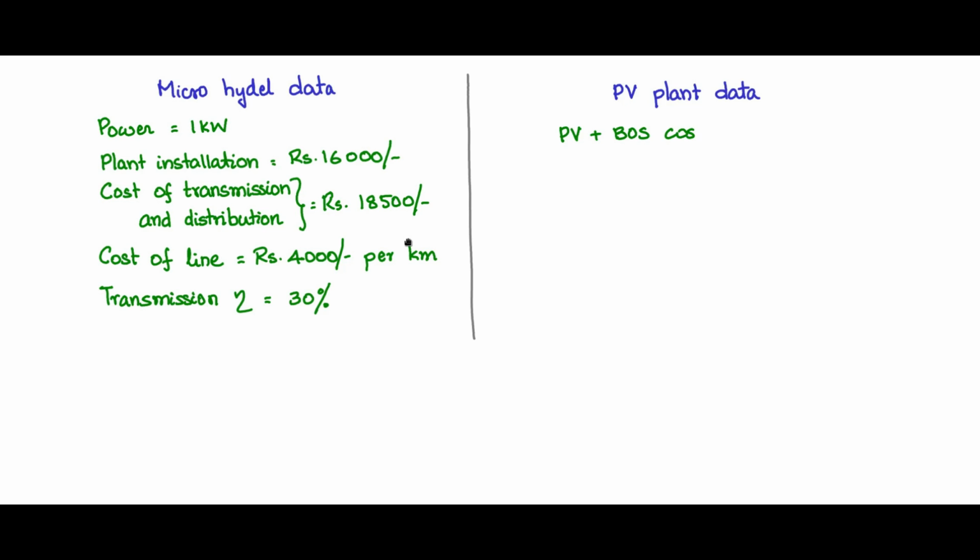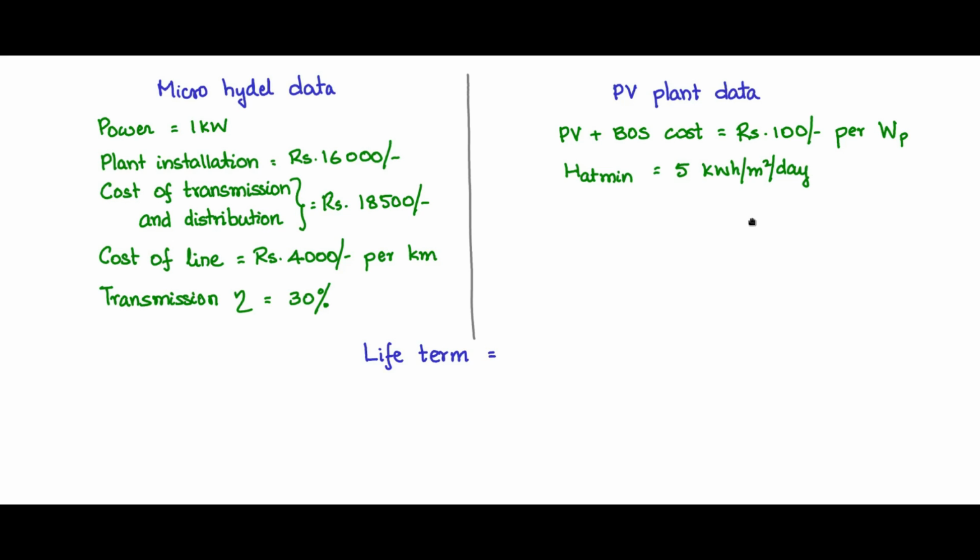The PV plus balance of system cost is rupees 100 per peak watt. The minimum insolation at that place is 5 kilowatt hours per meter square per day. This means that if you take standard insolation of 1 kilowatt per meter square, for 5 hours you will get the same amount of incident energy.